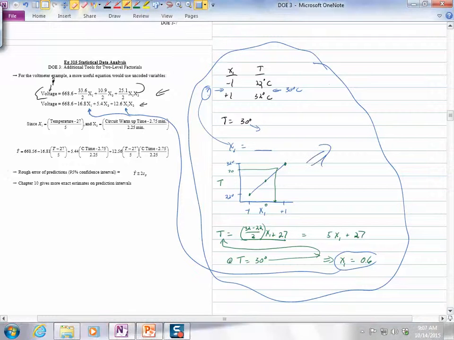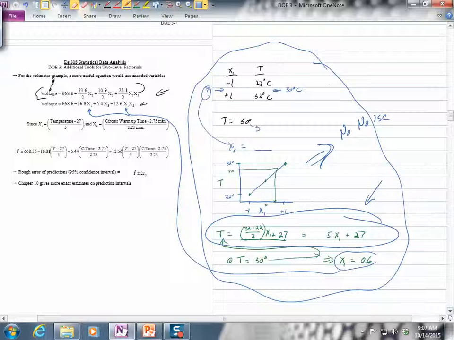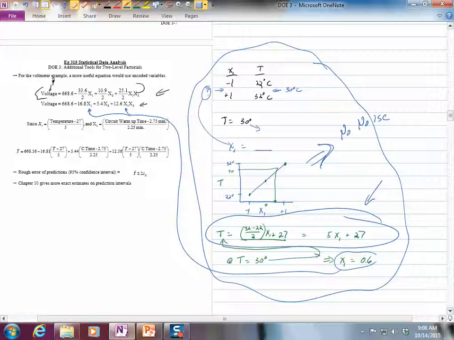This is just a mathematical transformation. Generally people think about linear regression as something where we have noise, but this you could think of almost like a unit conversion. So there is no noise in this equation. It's going from coded units to uncoded units, degrees Celsius.